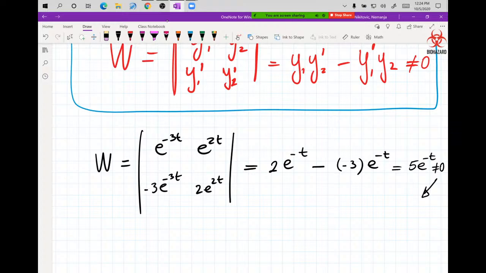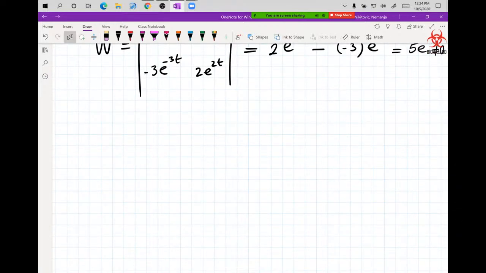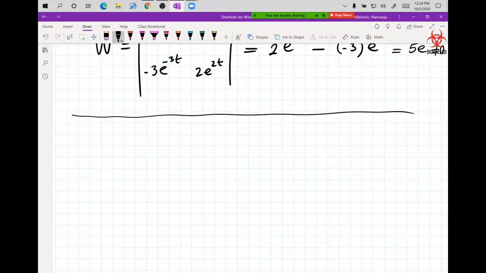Okay? So let's create that situation where the Wronskian is going to go, whoa. Hold on, Skippy, right? So y double prime, let's say, plus 10y prime plus 25y equal to 0.